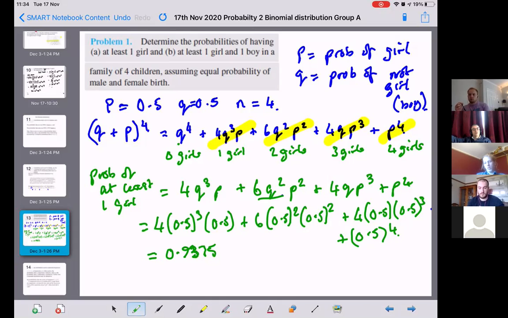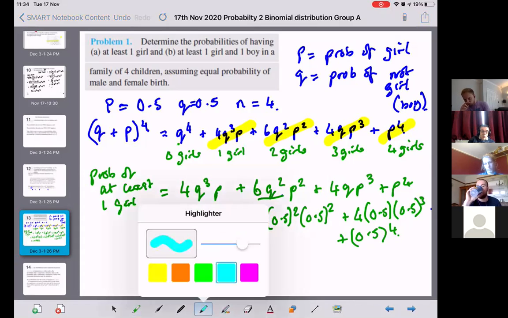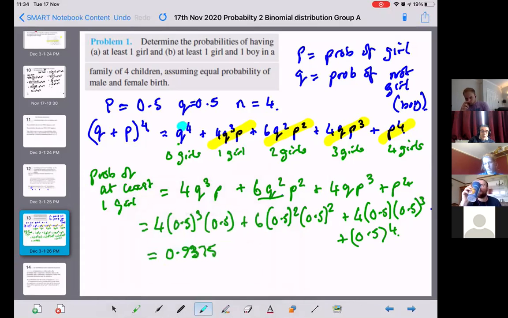What must always be the case with a set of probabilities? They must all add up to 1. So we know that every one of these terms, all of them, added together, Q plus P to the 4, equals 1.